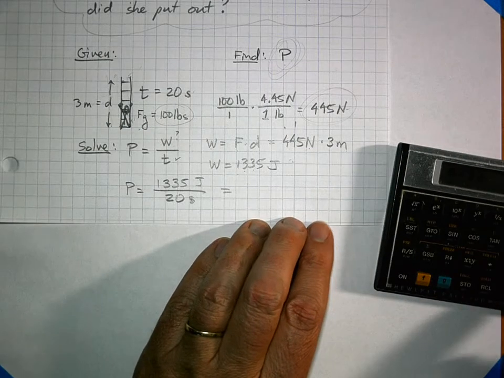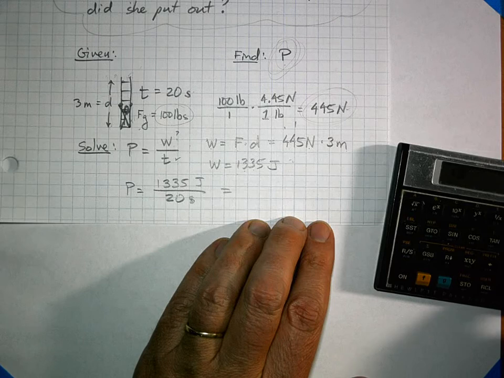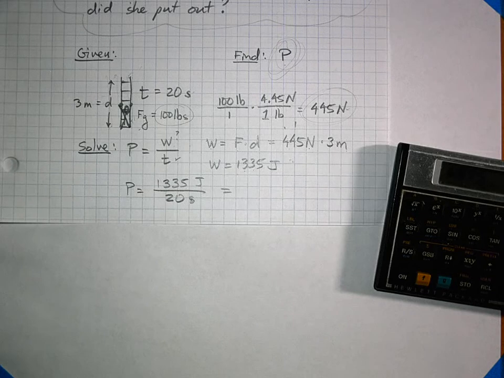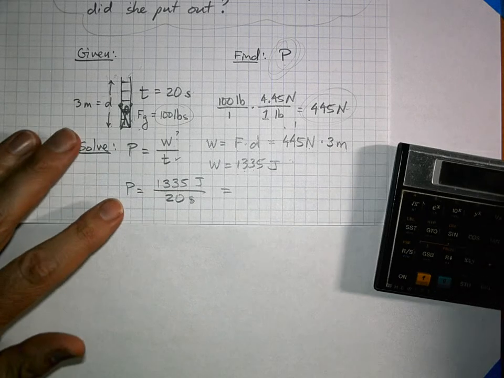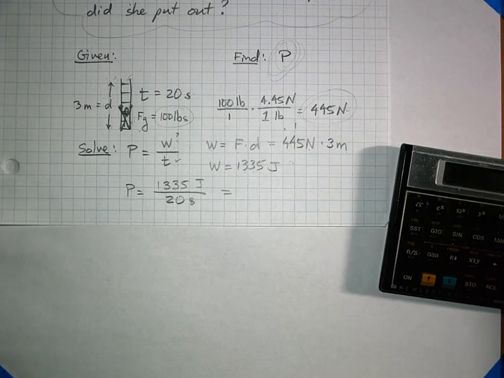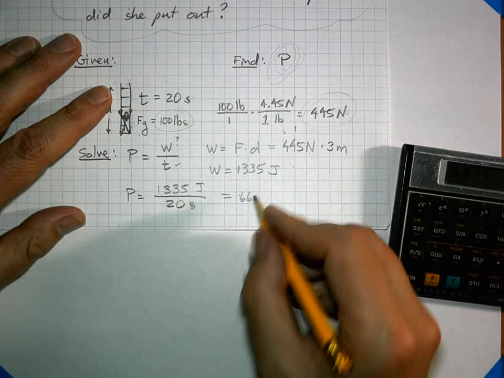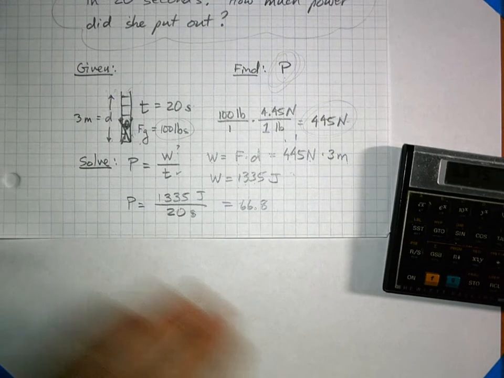And I'll go ahead and use my calculator for this, although it's fairly easy arithmetic. So 1,335 divided by 20. And you get 66.75. I'll round that off to 66.8. 66.8 what?